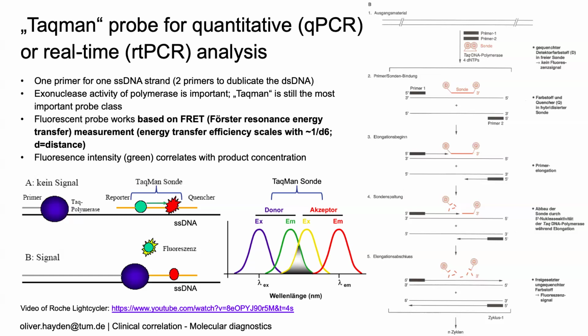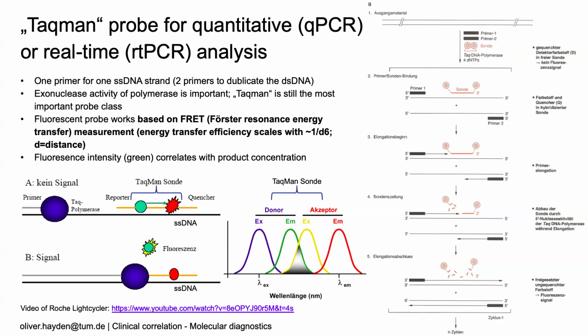So how does it look like? In the second, you had your heating step to denature the double-strand DNA. Primers will bind, but also the probe will bind in between the stretch of primer 1 towards 2. And during the polymerization phase or the elongation phase, the enzyme will show its exonuclease activity. It will digest anything in front of it.